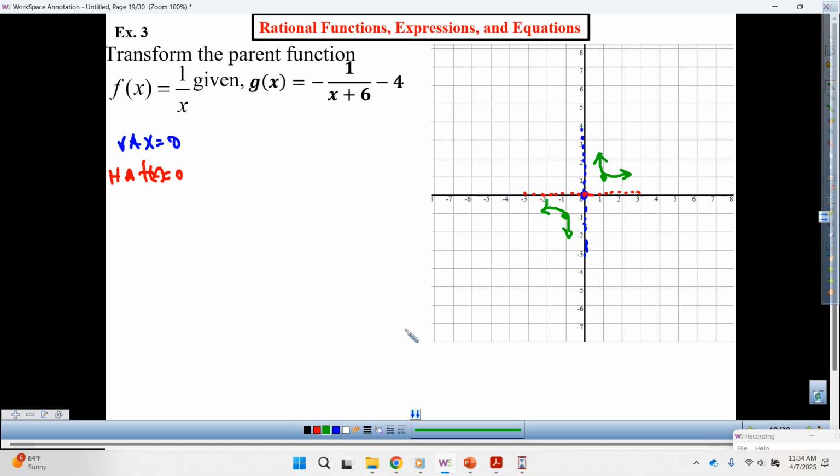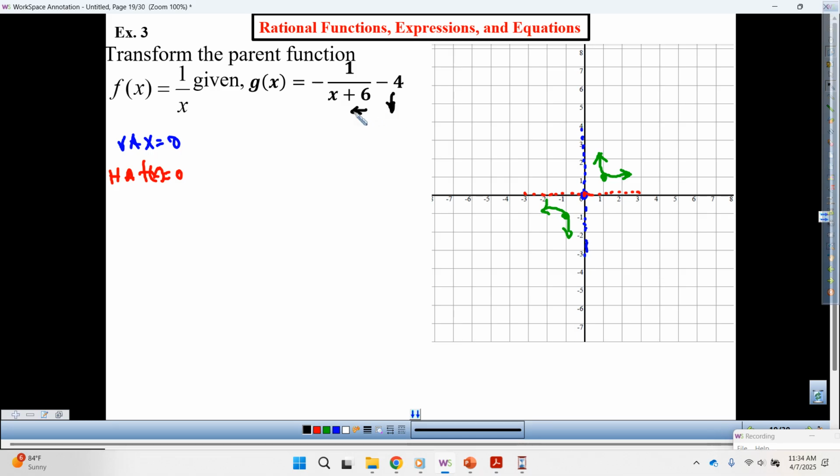Next, where are we going to move the whole thing according to this? Gabriel, where are we going to move the whole thing? 6 to the left and 4 down.